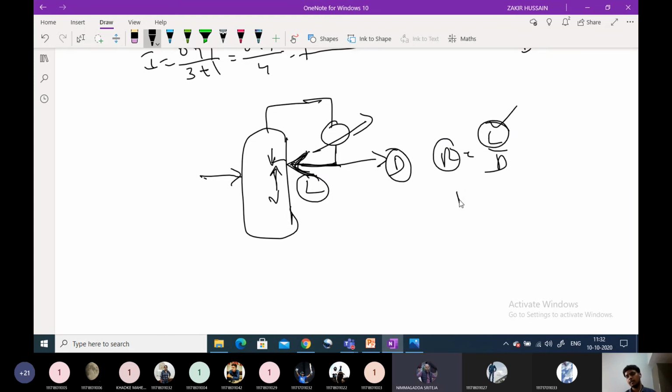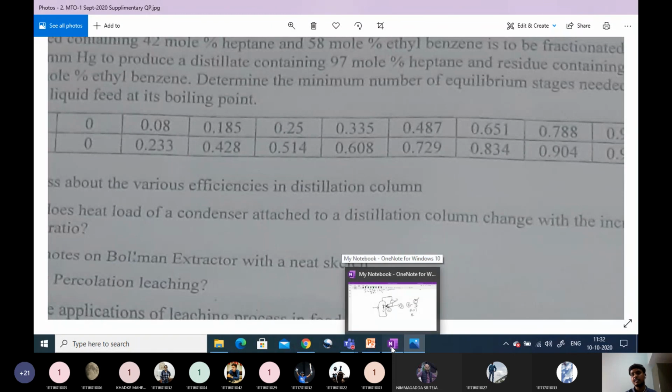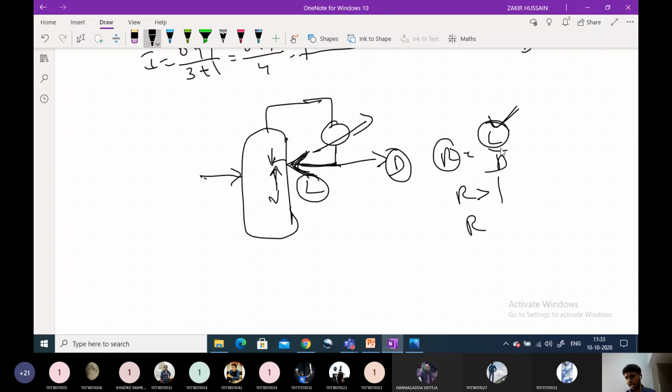So R may be greater than 1, you can take, but my suggestion under these conditions is, if you see the purity is 0.97. The purity is very high, which means the distillation is very efficient. I am not commenting on D; I am commenting on the purity XD. D is different.